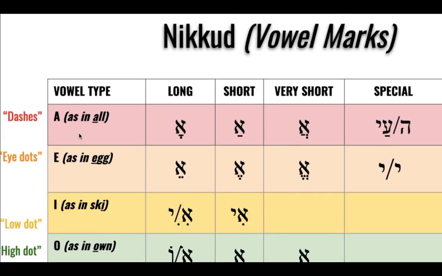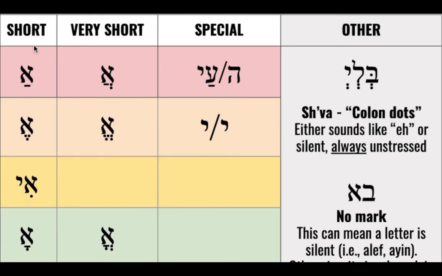The dashes will usually be an A vowel type. So you'll see the dashes or the lines, and they'll usually be an A sound. So a long A type would be ah, the short would be ah, very short would be uh. And you'll notice for the very short vowels, they will all have what appears to be a colon, which I'll explain in a moment.